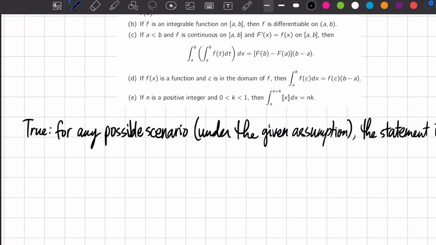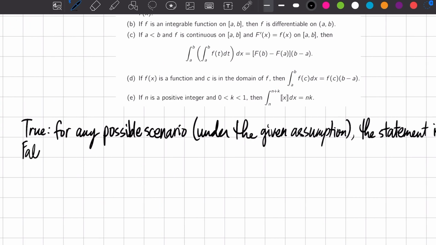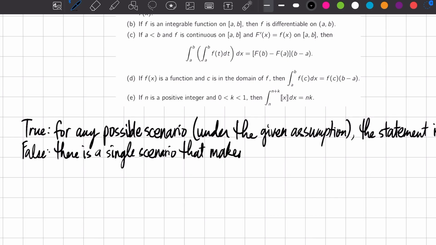But if you say false, that means there is a single scenario that makes the statement false.